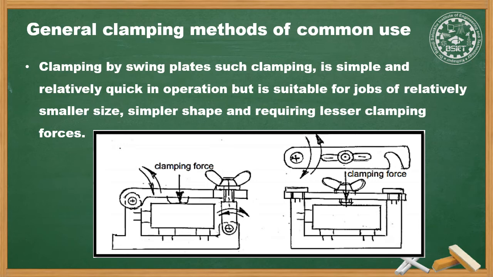The only limitation is that it is used for smaller sizes, as increasing the workpiece size will make it difficult to handle while machining or while performing different operations. It is also used where lesser clamping force is required. Usually clamping by swing plates is used for smaller size and simple shapes.